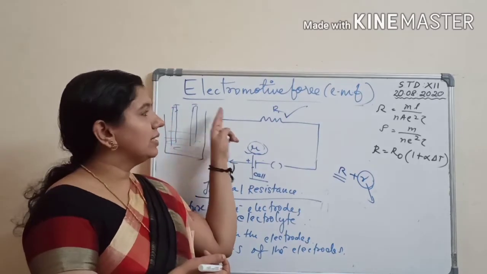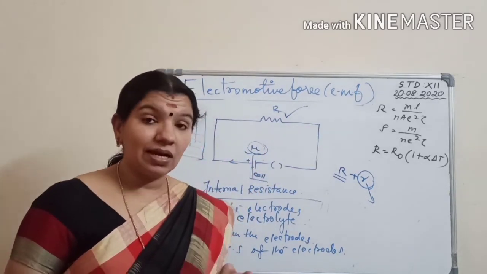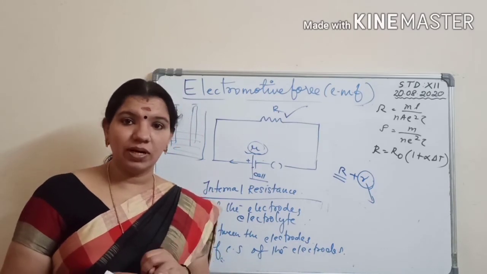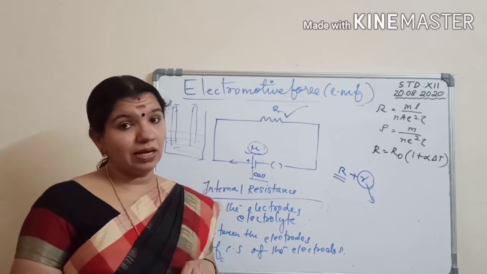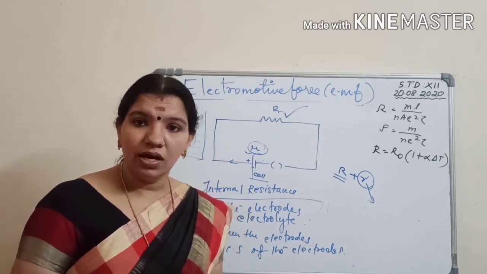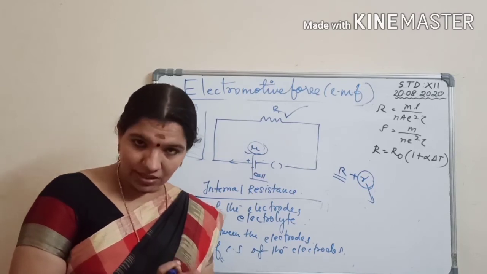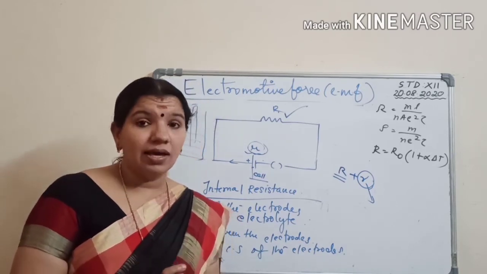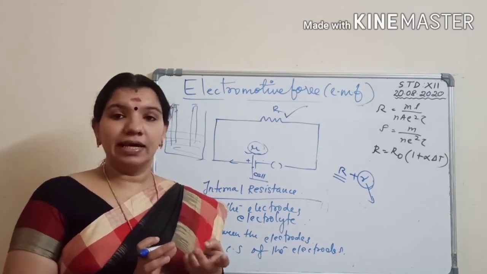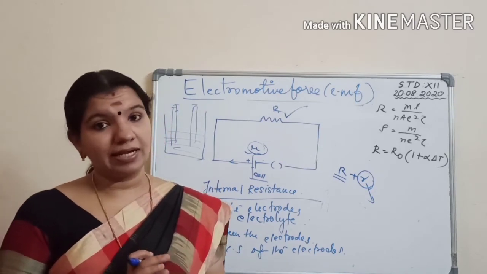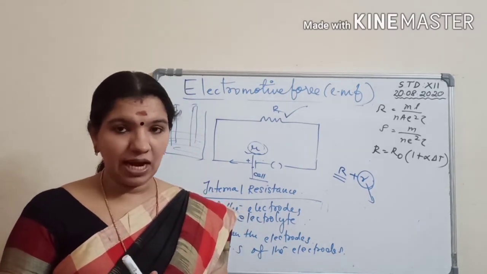Understand? So internal resistance means the resistance offered by a cell. Now we will move to a derivation in which we derive an expression for the internal resistance of a cell. Shall we move to that?